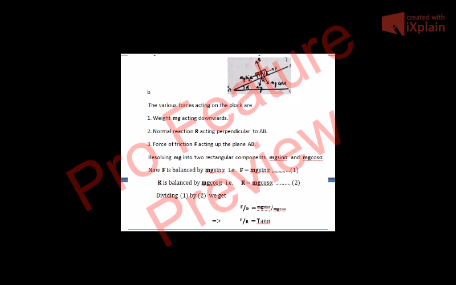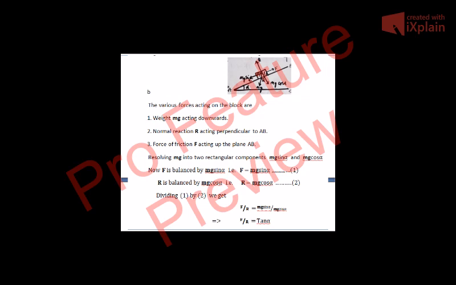It acts upwards. These are the three forces which are acting on the body. One is weight mg, then there is normal reaction which acts at right angles to the surface of the body, and then there is the force of friction which acts upwards along the plane.